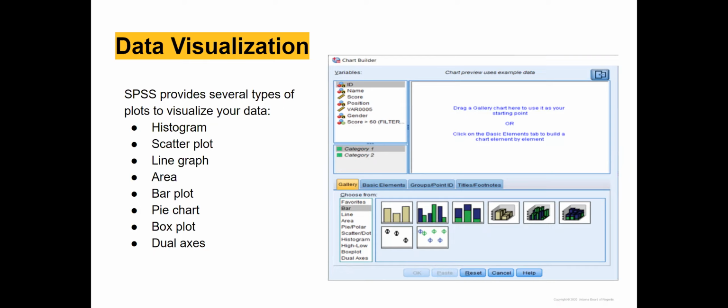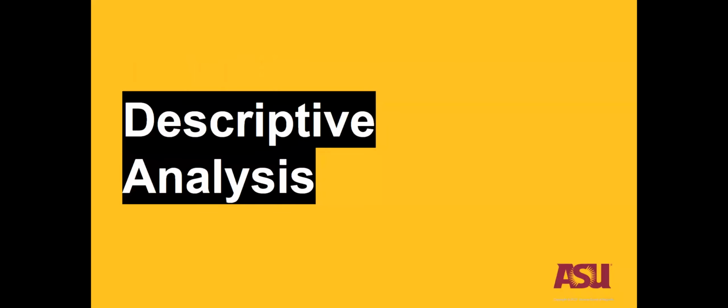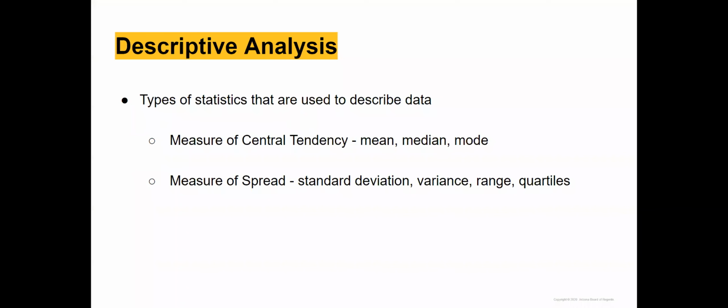So moving on, we can do descriptive analysis now. That is just the basic statistical analysis which we do with continuous variables, continuous scale, like finding the mean, standard deviation, getting frequency. There are 2 types of statistics that are used to describe data. One is measure of central tendency, which involves mean, median, mode. And the second one is measure of spread.